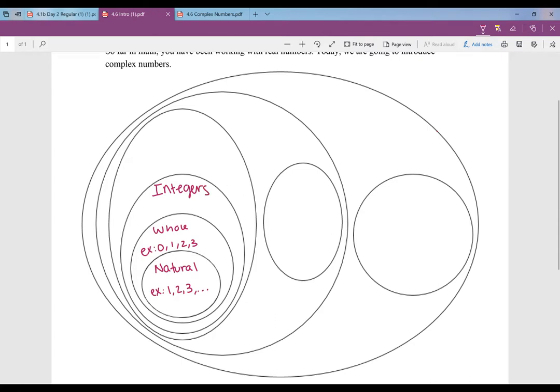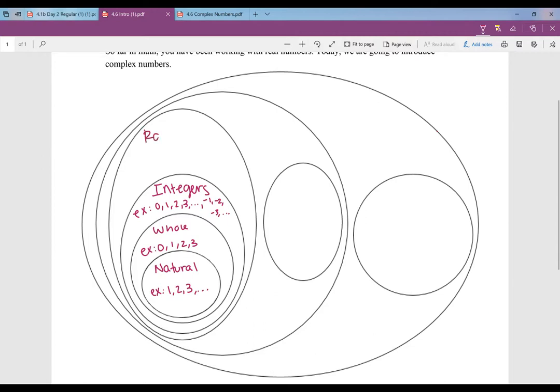Integers will include all of your whole numbers, right? They'll include 0, 1, 2, 3, etc. They also include negative whole numbers. So -1, -2, -3. Okay, so integers are all your whole numbers plus negatives.